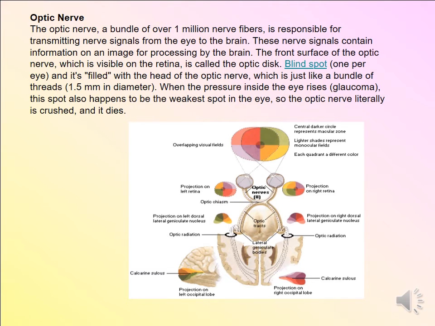It is a blind spot, one per eye. It is filled with the head of the optic nerve, like a bundle of threads, 1.5 millimeters in diameter. When the pressure inside the eye rises, as in glaucoma, this spot also happens to be the weakest spot in the eye, so the optic nerve is crushed and dies.